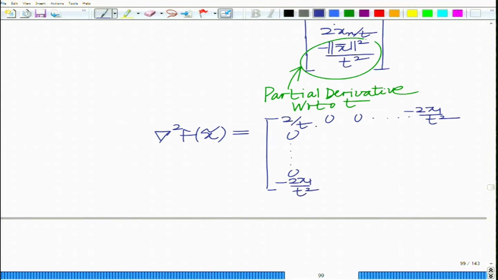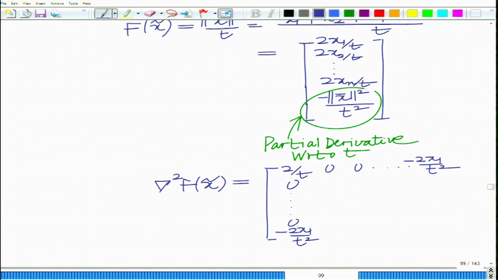Similarly, look at the 2 cross 2 element, that is the second order partial with respect to x2. You take 2 x2 over t, differentiate with respect to x2, that is 2 over t. Of course, the rest of the elements will be 0 and the last element will once again be minus 2 x2 over t square.